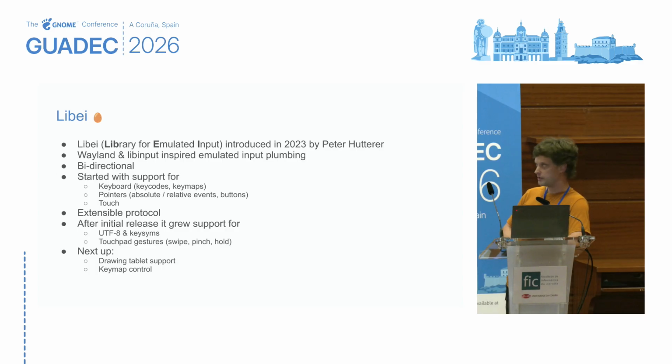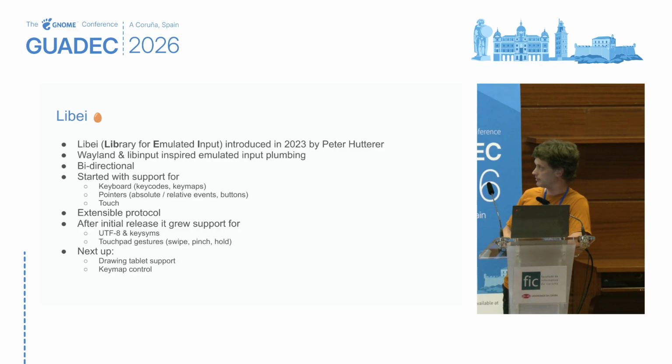And right now we're seeing the fruit of that. We're getting more and more things, UTF, Unicode, keyboard symbols, touchpad gestures can be added to libei independently of everything else. Just needs the right plumbing in the endpoints.